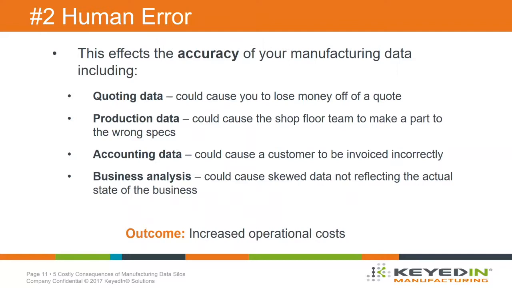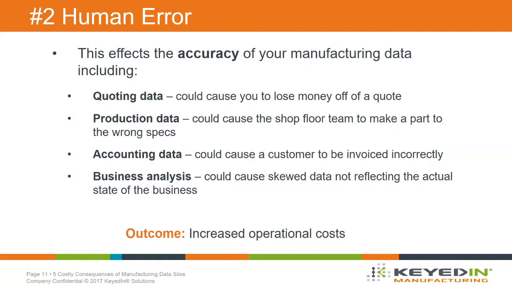Again, we alluded to the production foreman and the shop floor as well. So potentially the issues there when we have human error, the shop floor might make a part to the wrong specifications. Now I know a lot of you may send the drawing or the part file out to the shop floor, but again, you're leaving it really up to that shop floor employee to try to interpret the best way to make that part.